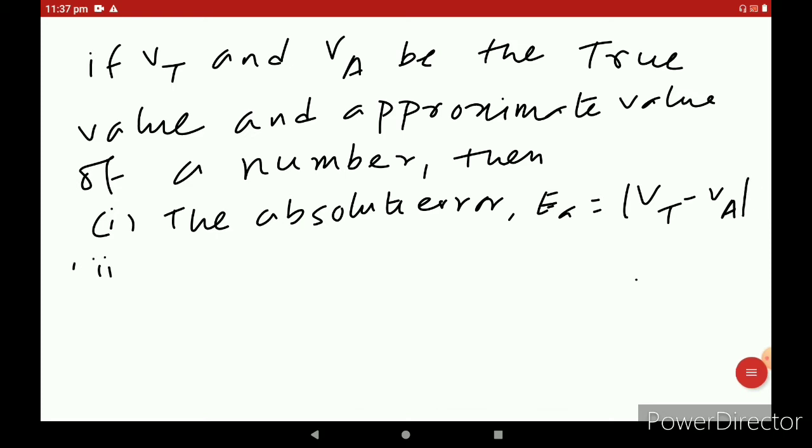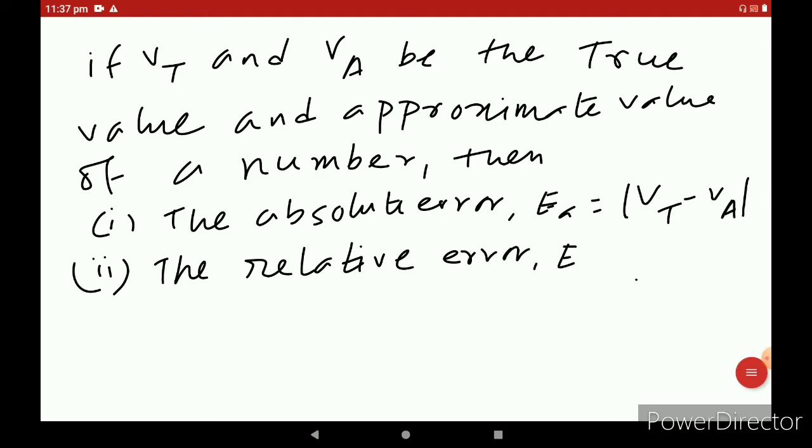Second, the relative error Er equal to mod of Vt minus Va by Vt.